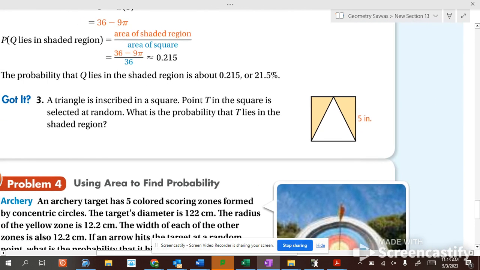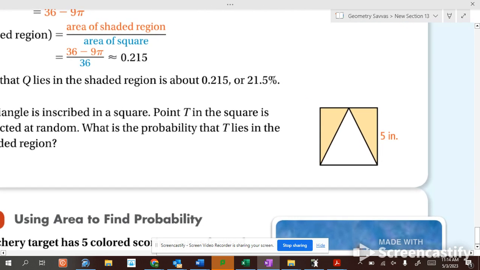Okay? Let's look at this triangle one then. What's the area of the two triangles? Well, this is 2.5 and this is 2.5. Okay? So the area of the triangles equals 1/2 times the base, 2.5, times the height of 5.